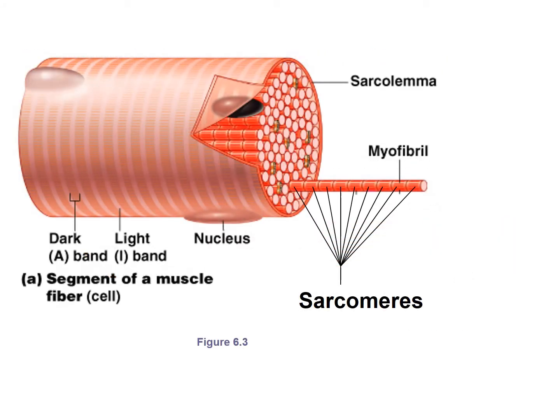If you look more closely at a myofibril, what you'll notice is that it consists of repeating units, and these repeating units are called sarcomeres. To use an analogy, if you think of a myofibril as a train, the sarcomeres would be the individual boxcars.